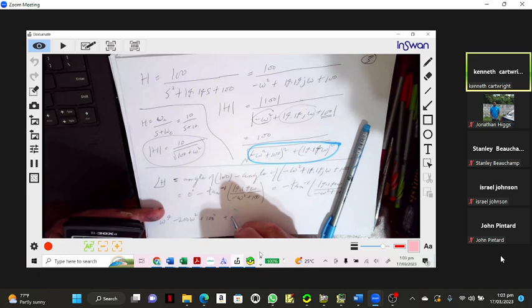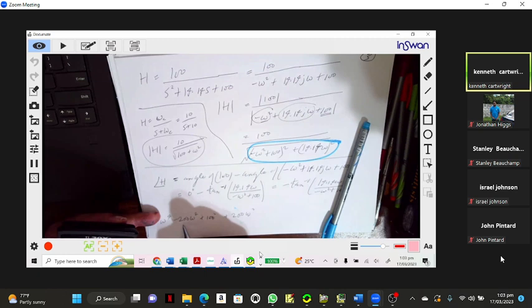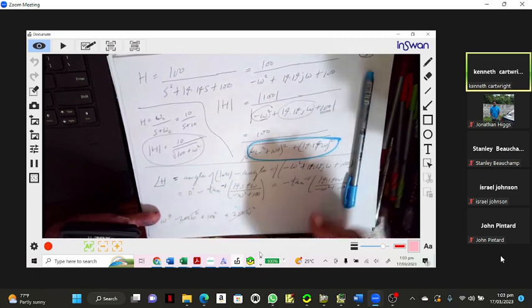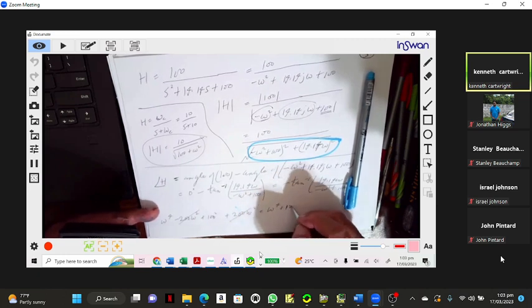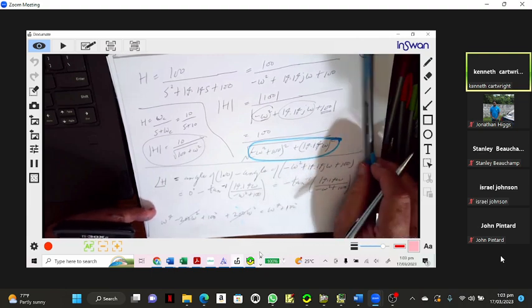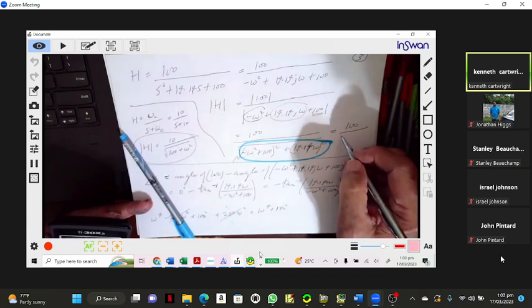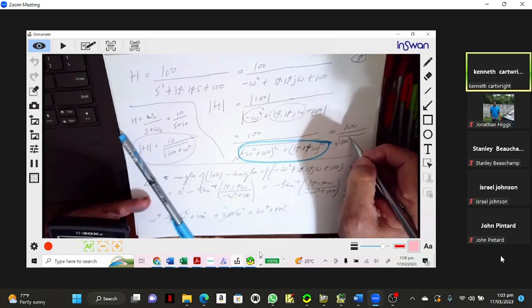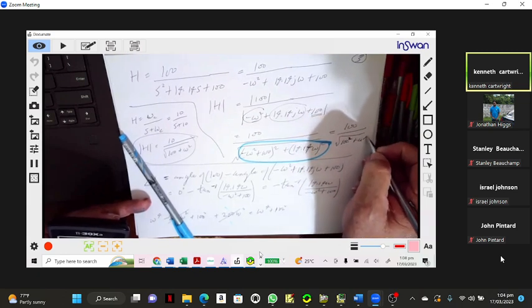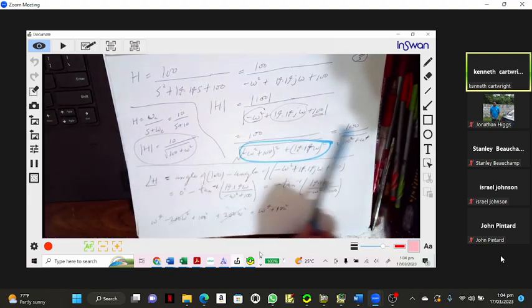Okay, that's 200. 200 omega squared. So this cancels this, and we're just left with omega to the fourth plus 100 squared. So this here actually becomes 100 divided by 100 squared plus omega to the fourth.